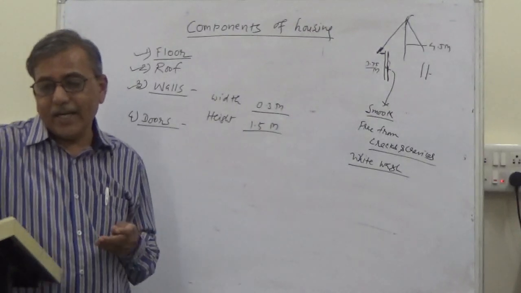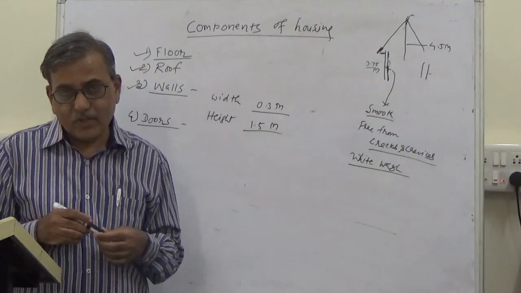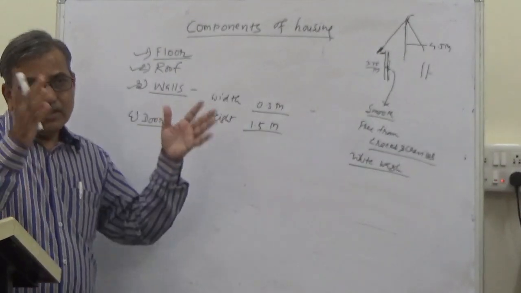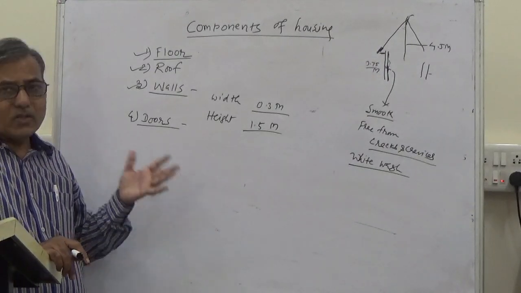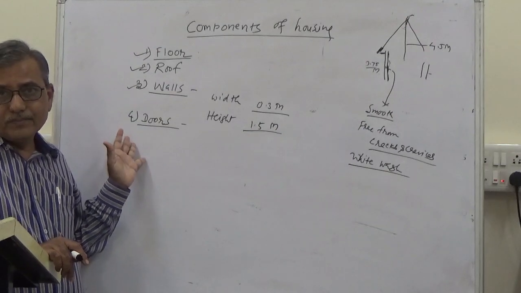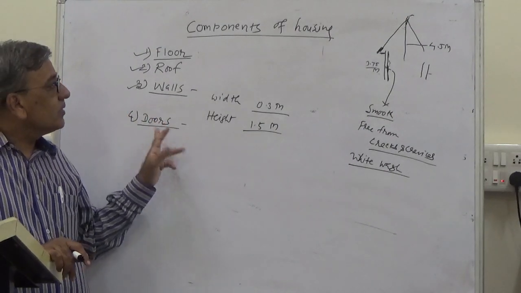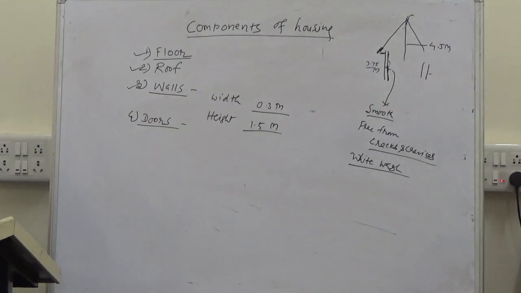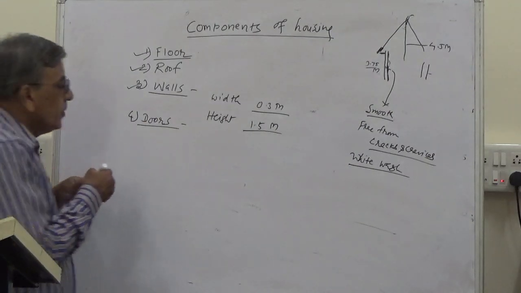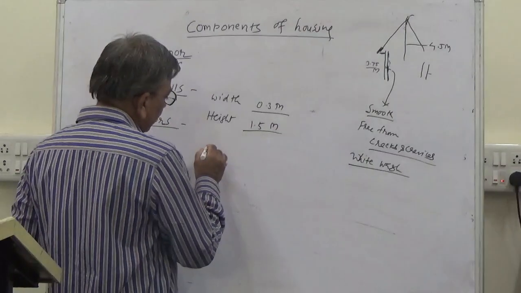For entry and exit of animals from the dairy house, the doors are provided. So what are the specifications on an average for this particular component of the house that we will discuss? The average height of the door should be 2.1 meters.